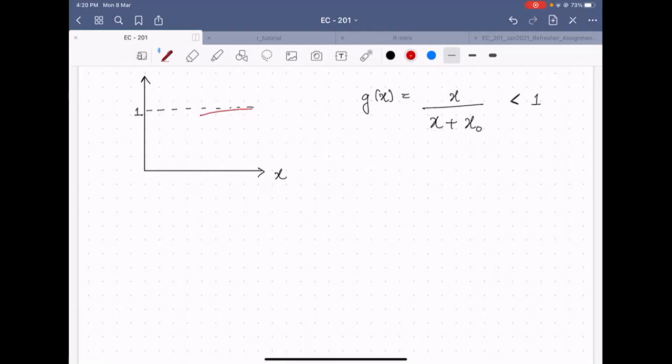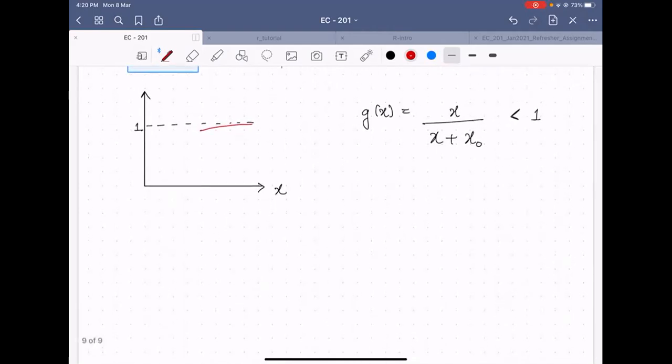Okay. Now, next, what do you think? So we are kind of done with the domain and range of this function. We know that as long as x is greater than 0, g(x) would be greater than 0. But we also know that g(x) would be less than 1.